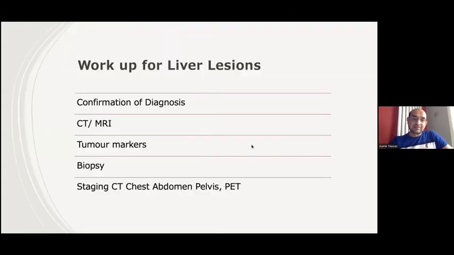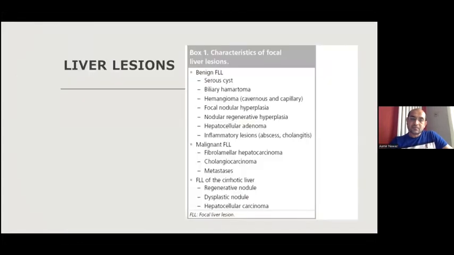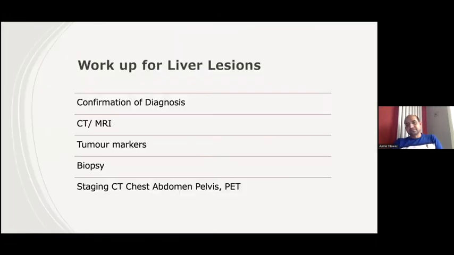For any liver lesion, suppose an incidental liver lesion has been found on a CT scan. Suppose a patient has a CT scan for some reason, and they found a lesion in the right lobe of the liver.